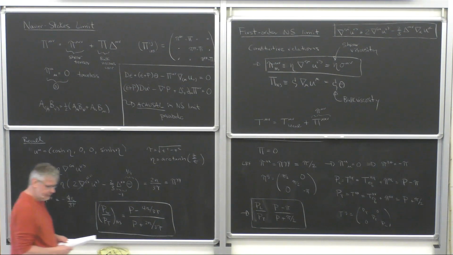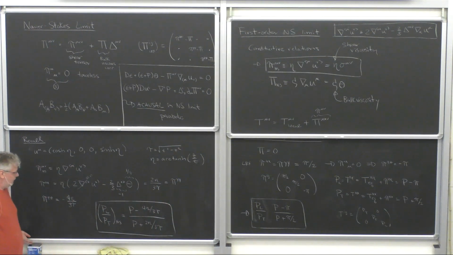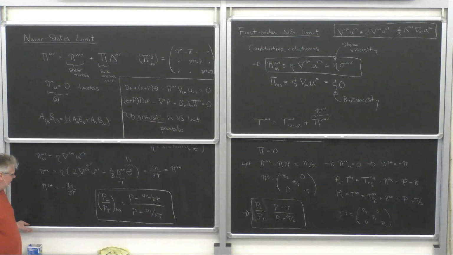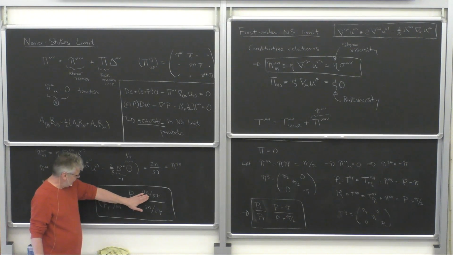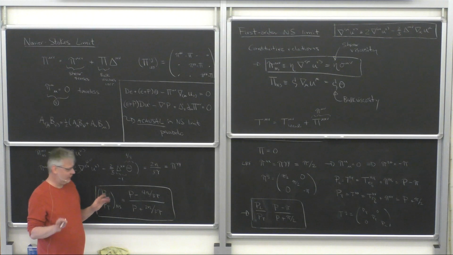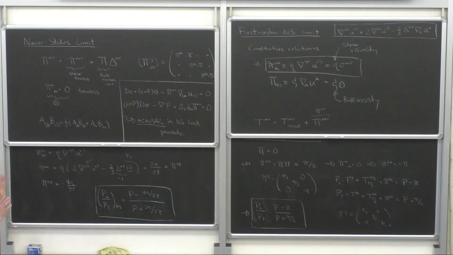Okay, now discussion. So what does this formula tell us? Why were we so interested in it? As we can see here, let's imagine we're working in the case where eta is fixed, so a fixed shear viscosity. You could even imagine fixed shear viscosity to entropy density ratio.